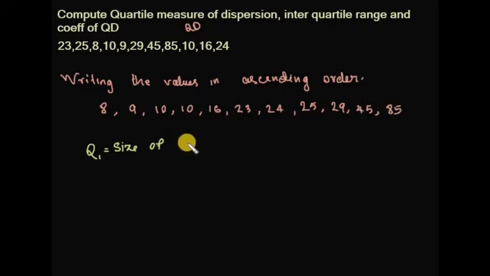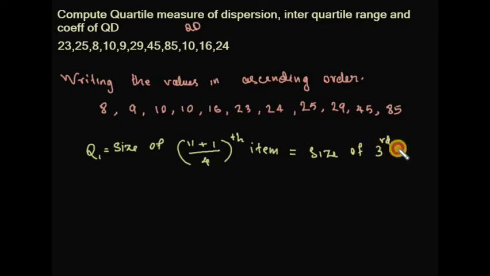So 11 plus 1 by 4th item, which is equal to 12 by 4, third. So size of third item. What is the third item? Third item, 1, 2, 3, is 10.